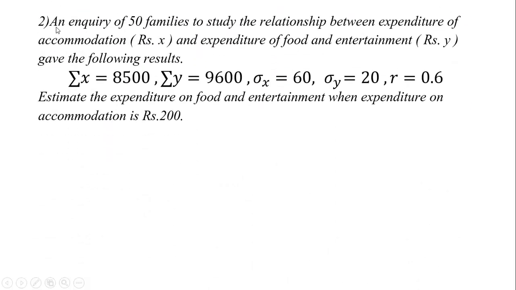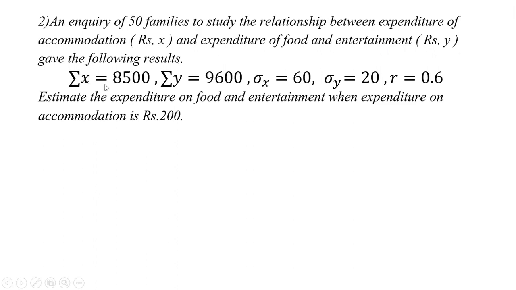Second example: an inquiry of 50 families to study the relationship between expenditure on accommodation (rupees x) and expenditure on food and entertainment (rupees y) gave the following results.